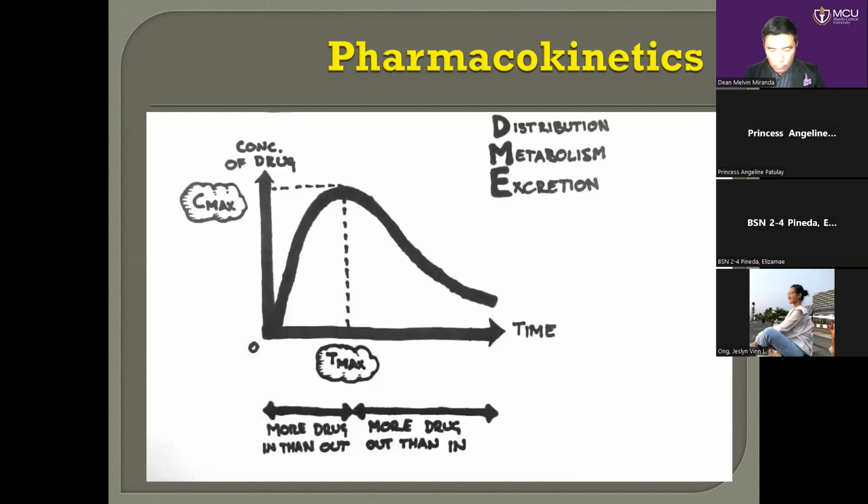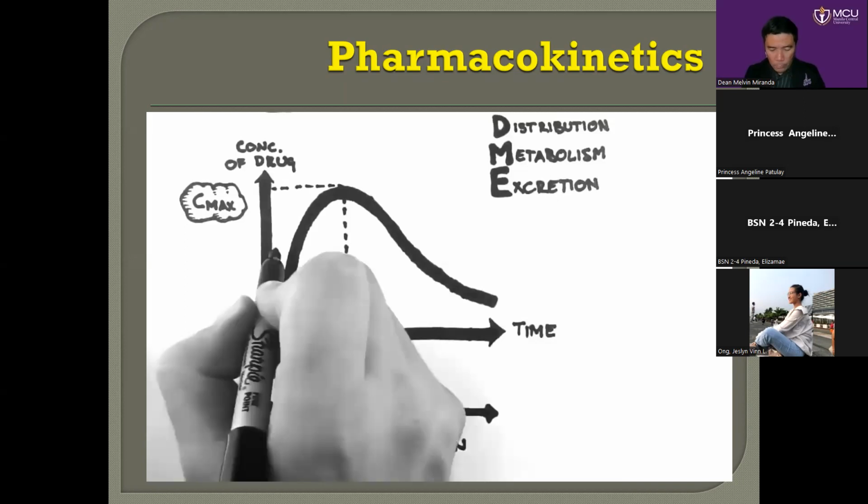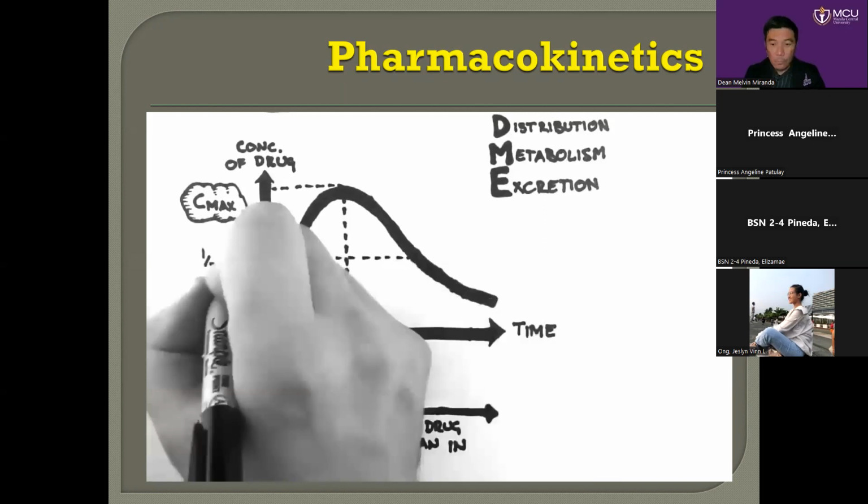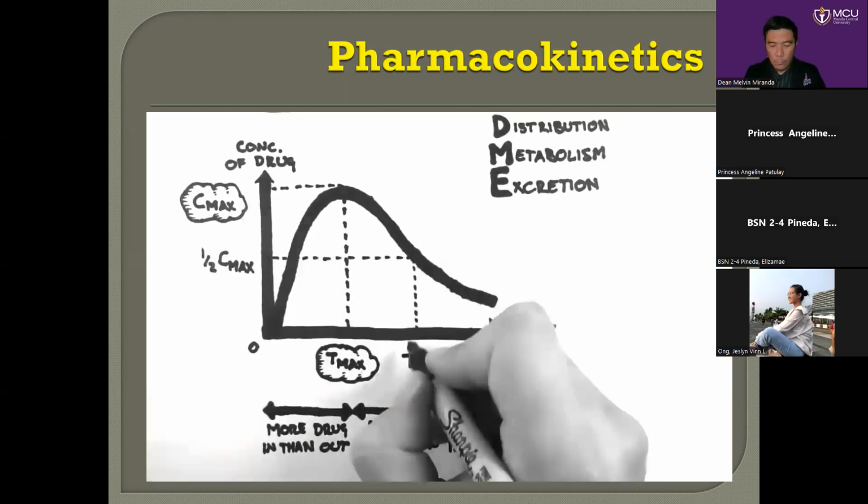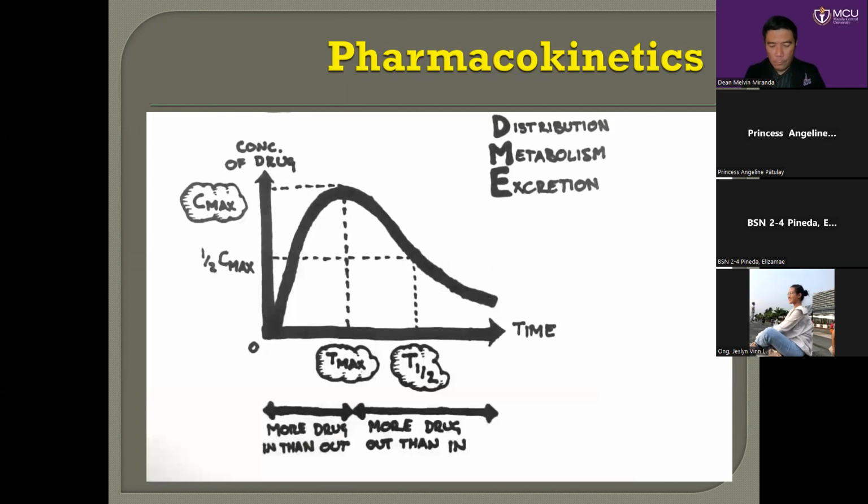If we begin at Tmax, we want to see how much time it takes for the concentration of the drug to decrease from Cmax to half of Cmax. So here is the half Cmax line here, and therefore the half-life, which is often denoted T half, is the time between Tmax and where I've drawn T half here.